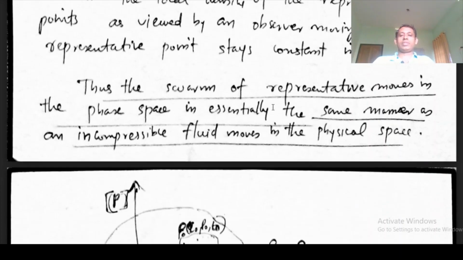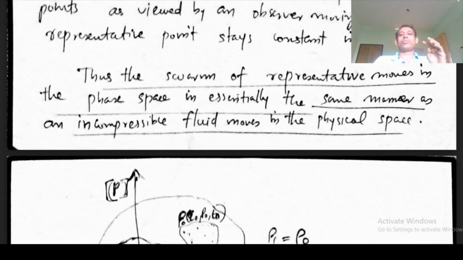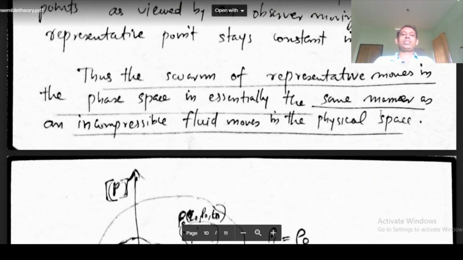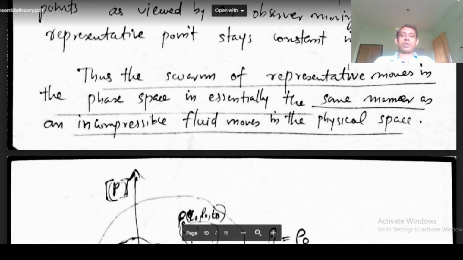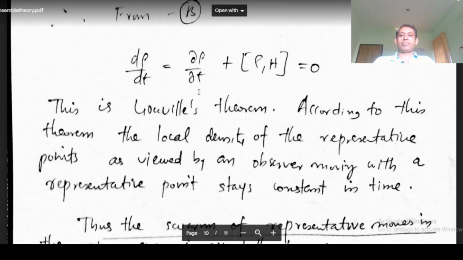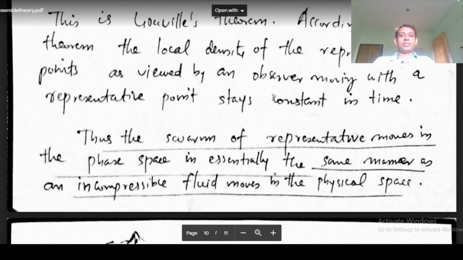Okay, so we say the swarm of representative points, or the cloud of dust particles, moves in phase space in essentially the same manner as an incompressible fluid moves in the physical space. So this is the equation for Liouville's theorem, and this is the statement.